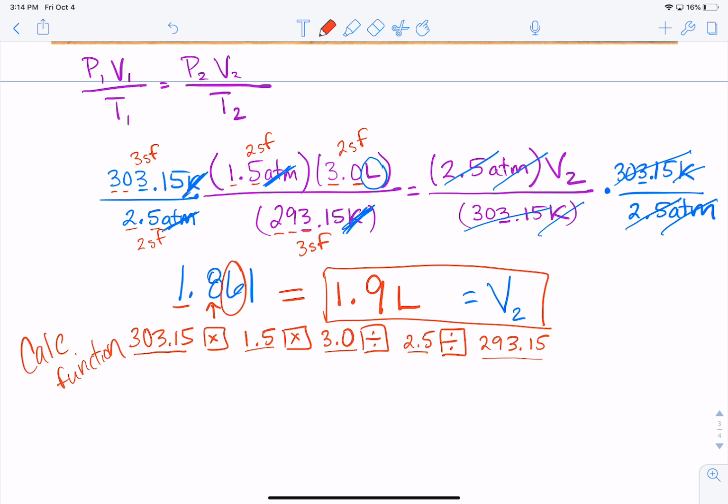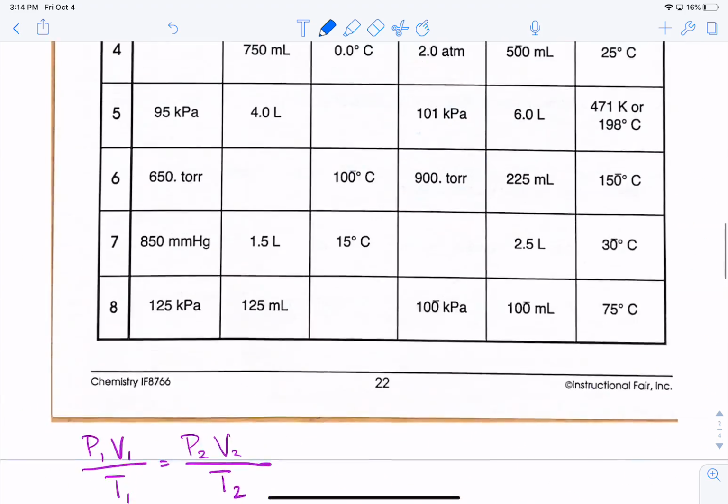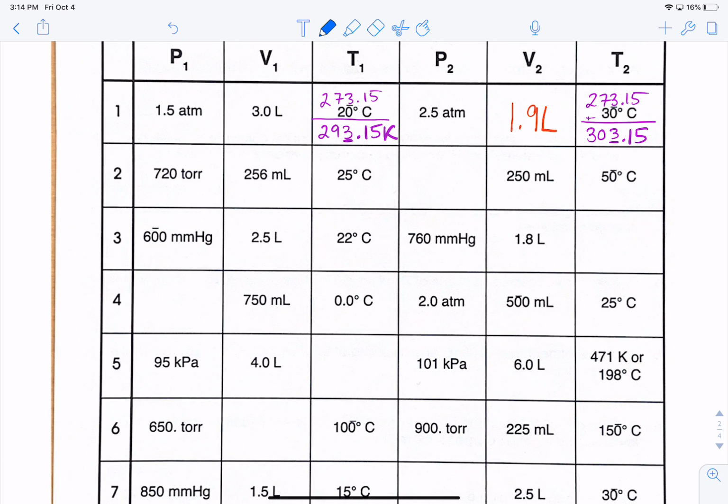Let's look at number 3. Sorry, 1, 2, 3. Yep. All right. So number 3, we're going to need to convert this temperature to 295.15 Kelvin.